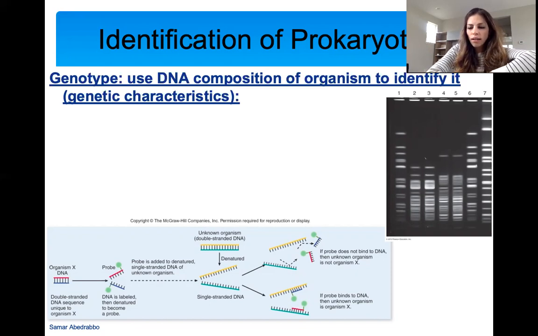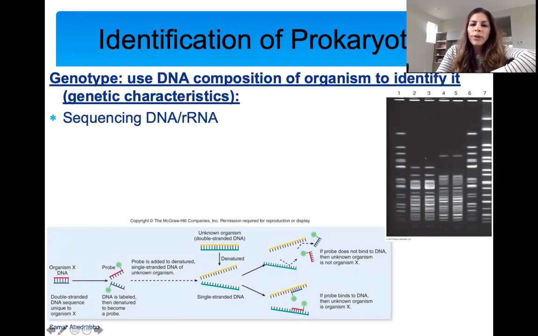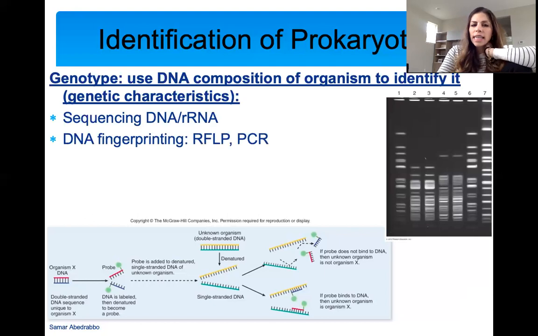And when you send it off for sequencing, you can look at its specific sequence and compare it to what's known and decide what organism it is. So sequencing DNA or ribosomal RNA. Sequencing DNA will tell you what specifically that organism is. Sequencing ribosomal RNA, you can use it to identify is something bacteria, archaea, eukarya, and you can use it to identify things more specifically.